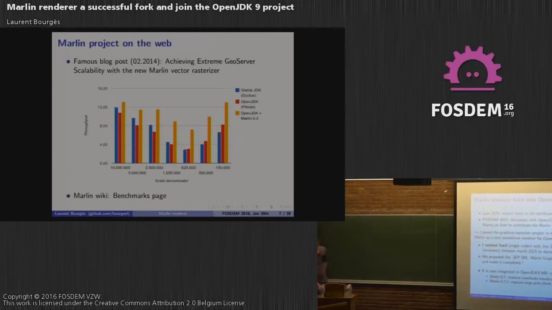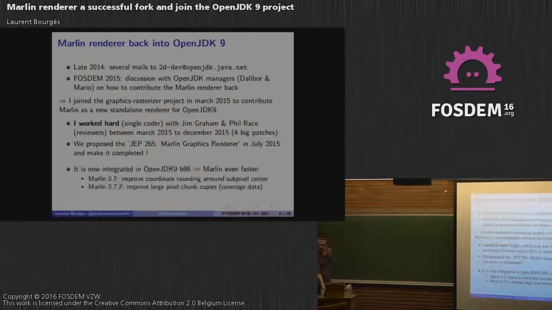Next, how to go back into OpenJDK. We both signed the Oracle Contributor Agreement, me and Laurent. We stay compatible with the same license, and we have the aim to go back into OpenJDK for everybody. We discussed a lot, thanks to last year at FOSDEM, how to bring it back.